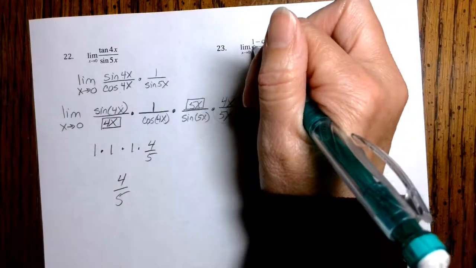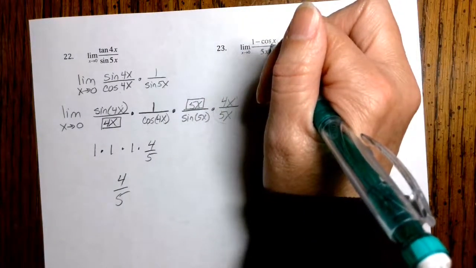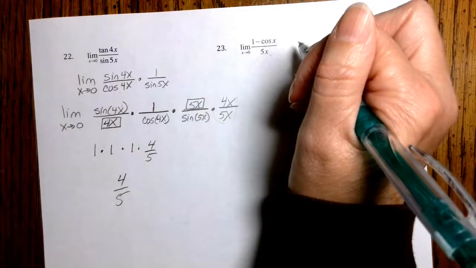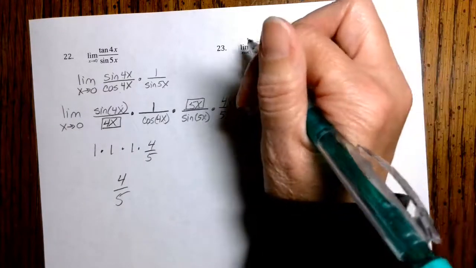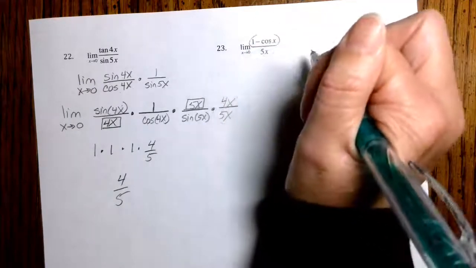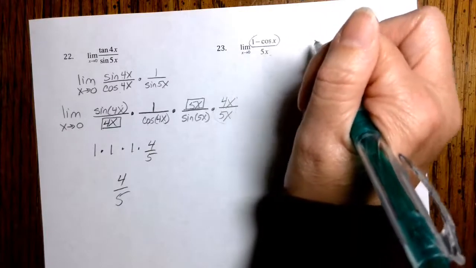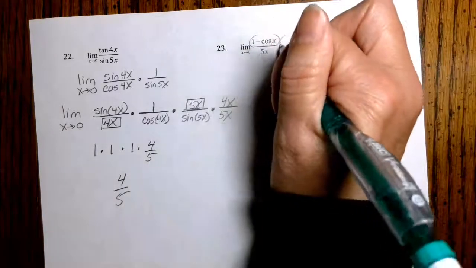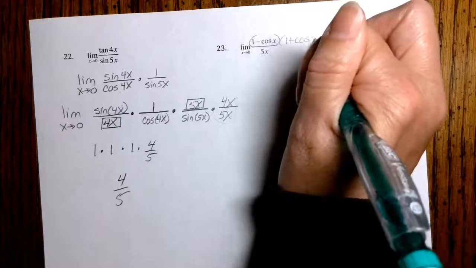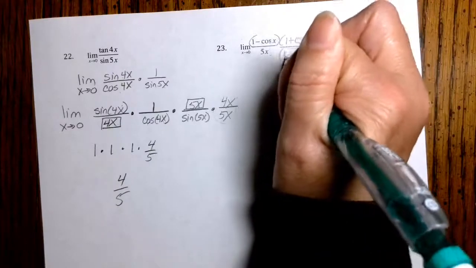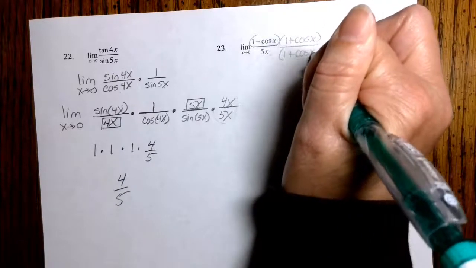The only way to get 1 minus cosine to become sine in any way, shape, or form is to think about our identities and say, what do I have to multiply by so I can get it to become a sine? The conjugate, I hope everybody was thinking, would get me the identity that I need to convert it to sines.